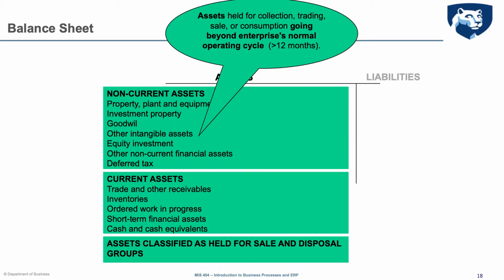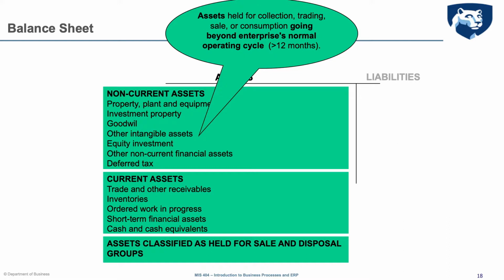Non-current assets are all the resources that are held by the company, usually for a period of time higher than 12 months. So these are resources which have a life cycle higher than 12 months.